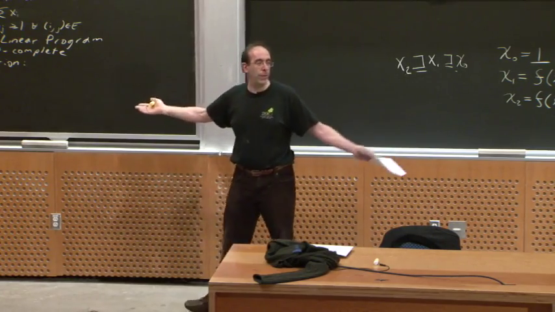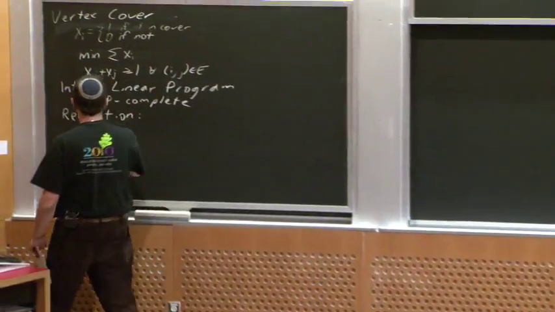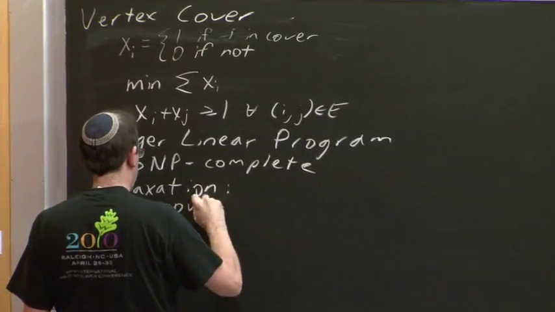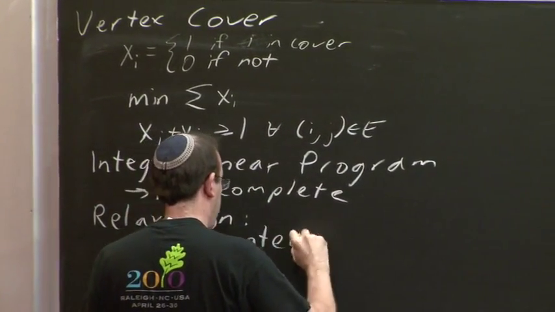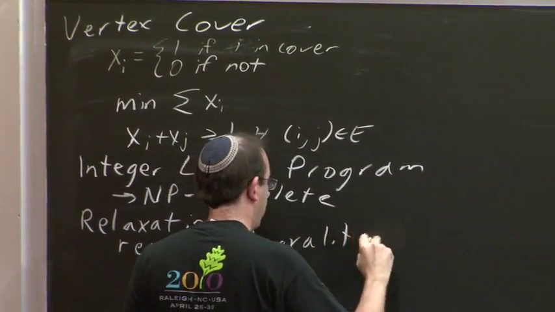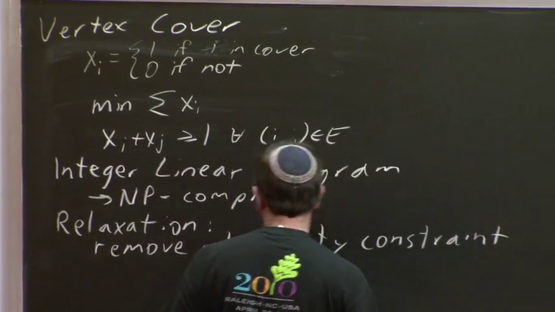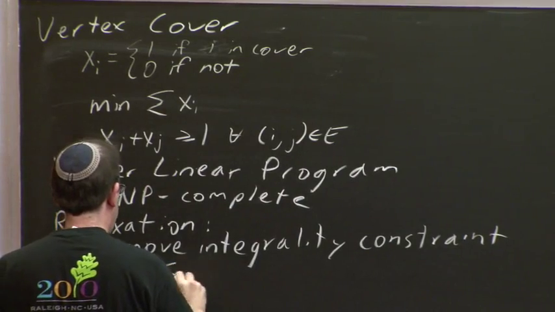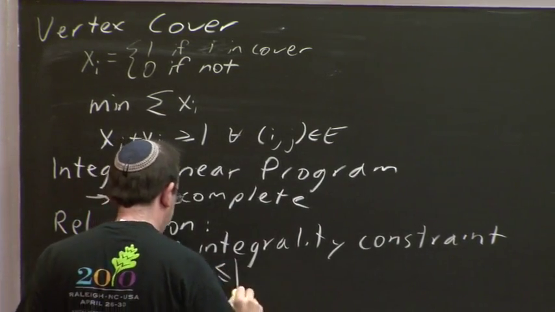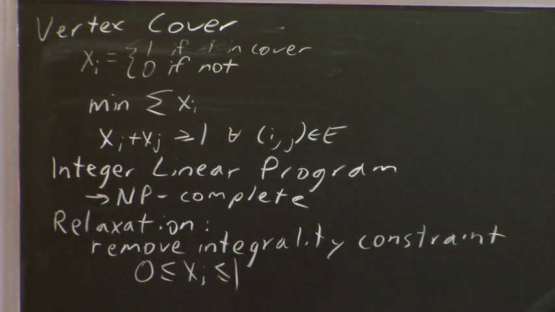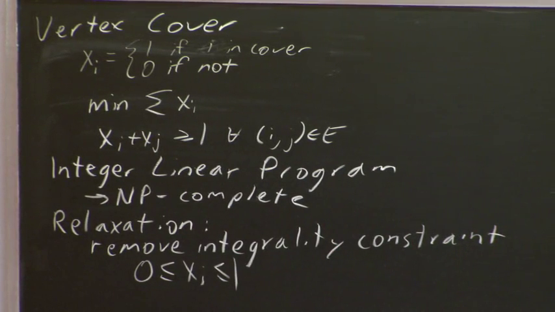In other words, I remove the integrality constraint. So instead, I'm just going to say that xi is between 0 and 1. So now I have a tractable problem.